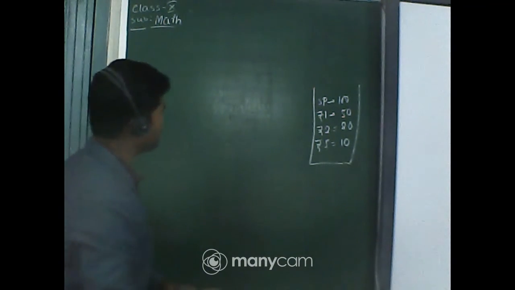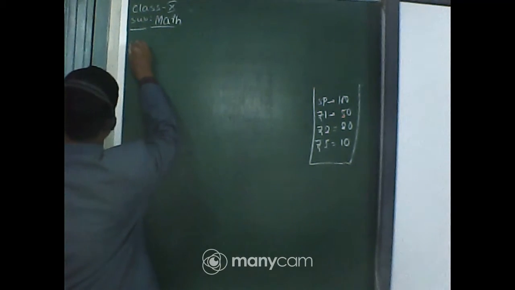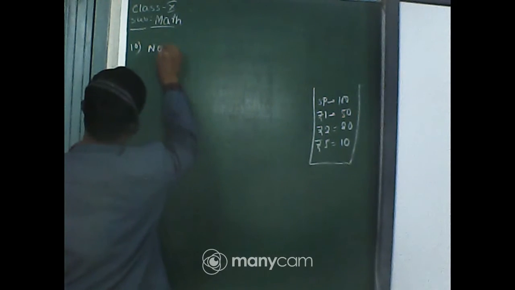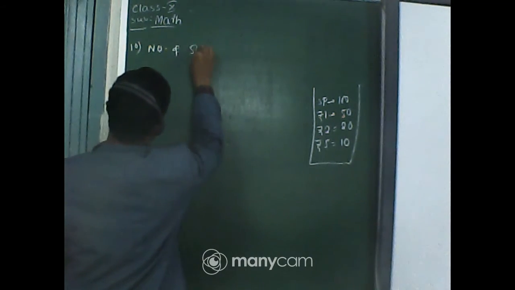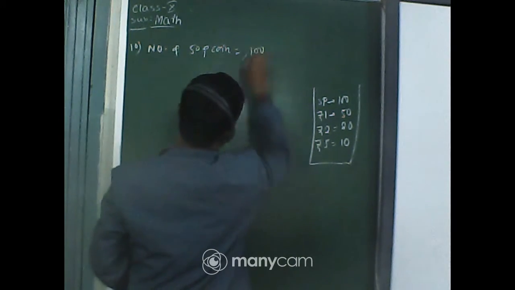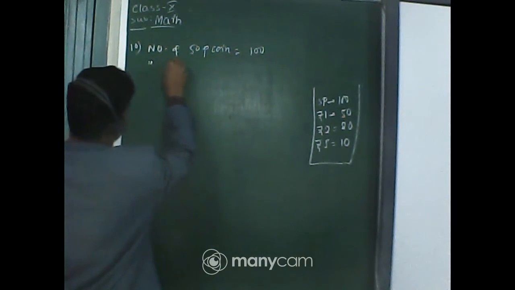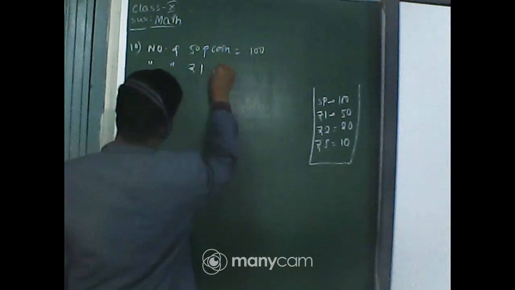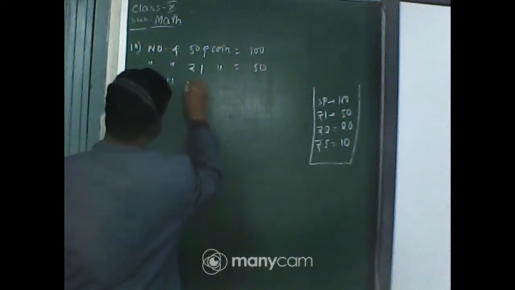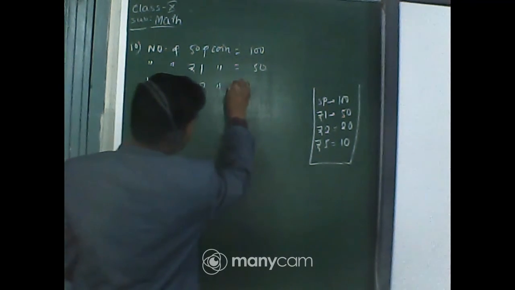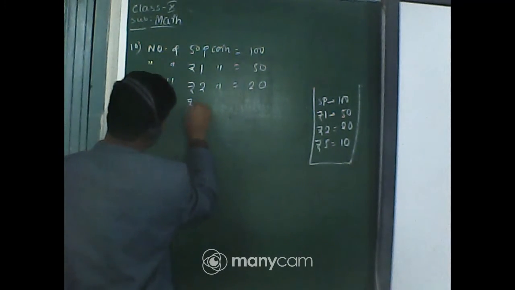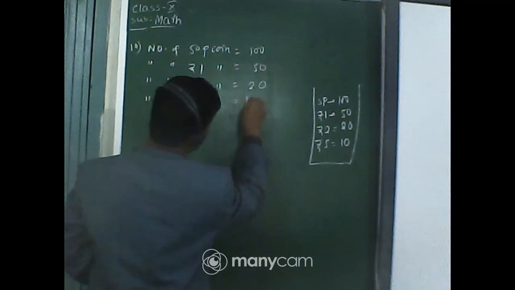So 50 paisa coin, it is question number 10. So number of 50 paisa coin is equal to 100. Number of 1 rupee coin is equal to 50. Number of 2 rupee coin is equal to 20, and number of 5 rupee coin is equal to 10.